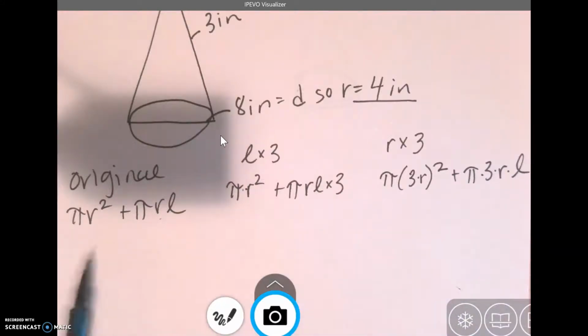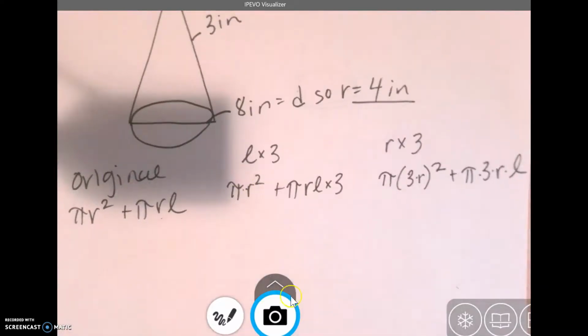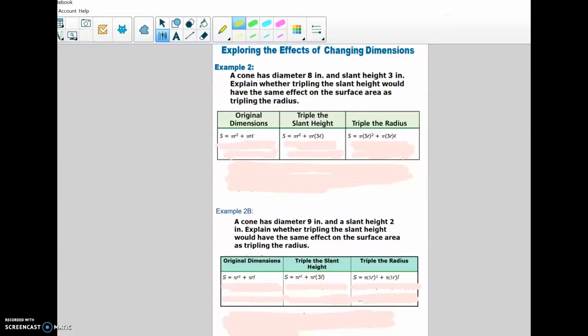So what you want to do is actually do the problem and see how it's different. So I have that here just to quicken this up a little bit.